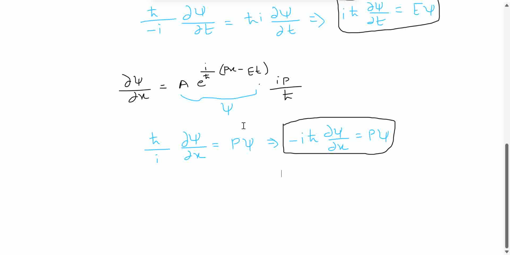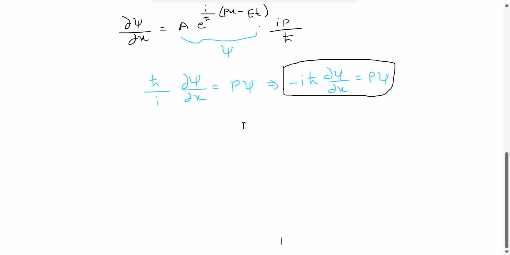Now let's double differentiate the wave function, that is dou by dou x of dou psi by dou x. So basically we are differentiating this one.